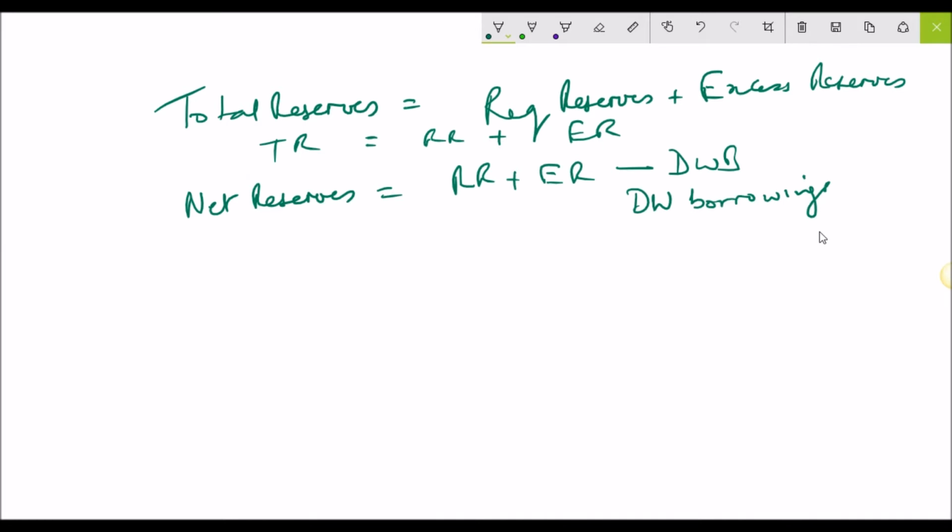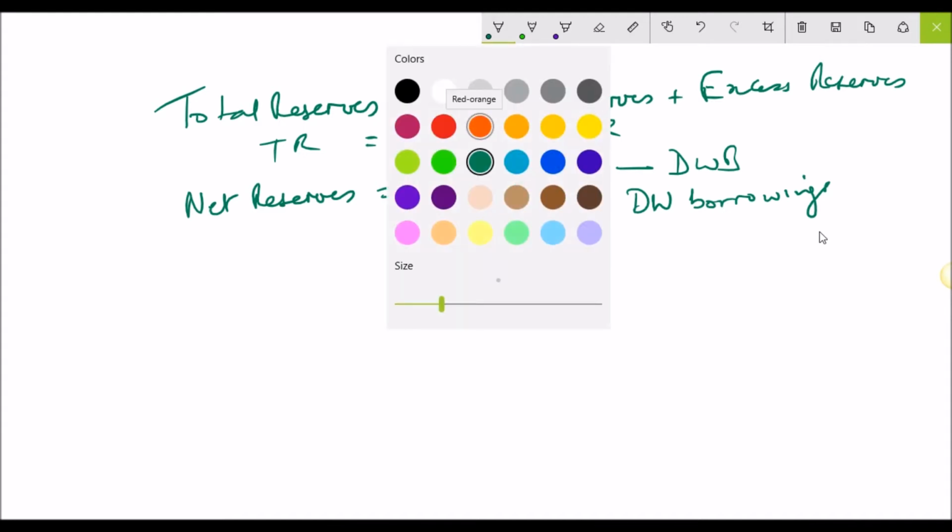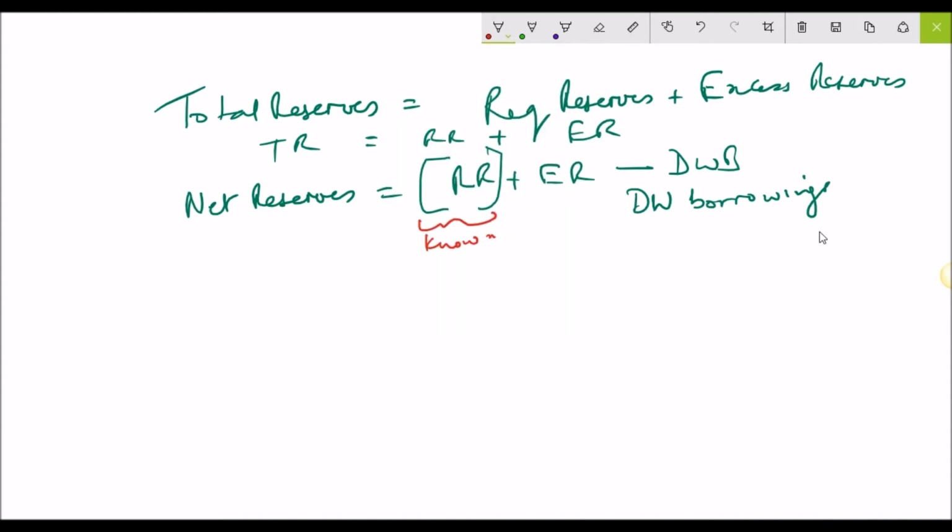Now we know that the total reserves equals the required reserves plus the excess reserves. Since the Federal Reserve Bank needs to control the demand and supply of reserves in the Fed funds market to administer the Fed funds rate, it is not concerned with the borrowing through the discount window, since that borrowing does not flow through the Fed funds market.